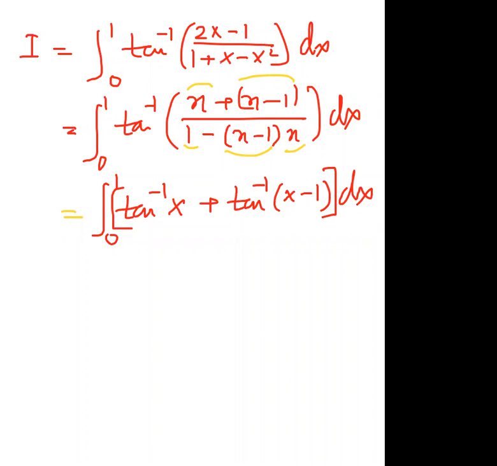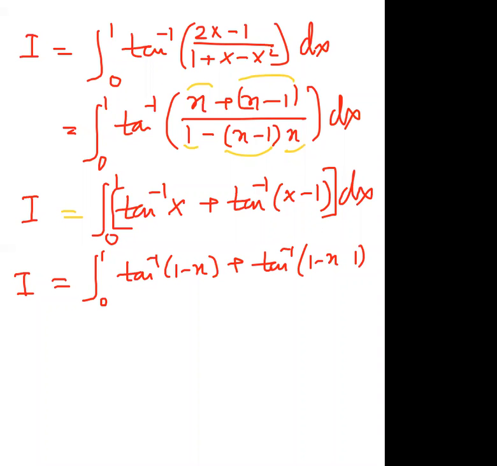Now further, I'm applying P4 in it. When we'll apply P4 in it, what it will become? I is equals to 0 to 1 tan inverse 1 minus x plus tan inverse 1 minus x minus 1 dx.